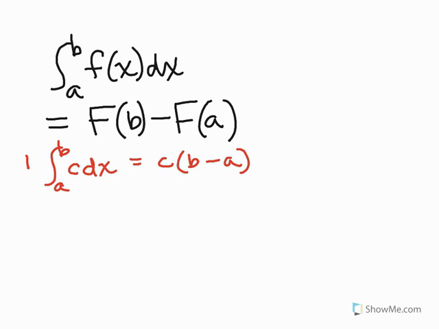And the second property, which we already saw demonstrated in that last problem, is the integral of a sum, f of x plus g of x, and actually the same goes for a difference.